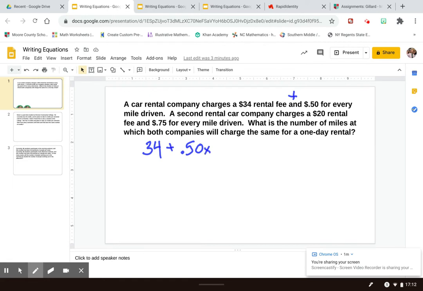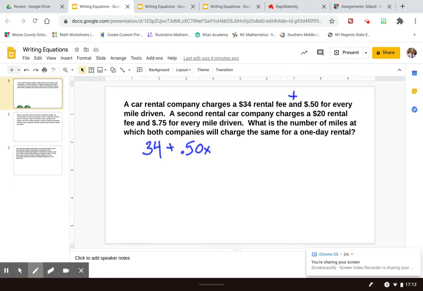So I'm going to use X to represent the change because I could put 3 miles in there. I could substitute 100 miles for the variable X. I could even substitute 1,000 miles for the variable X. So this is how I would represent the first part: the $34 rental fee, which never changes, plus 50 cents X, which changes with every mile that you drive.